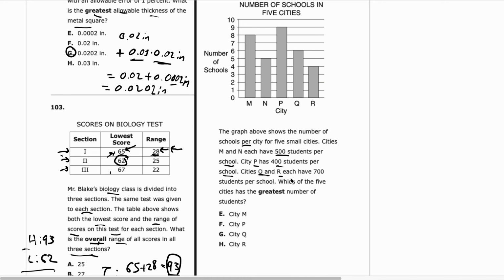Cities Q and R have 700 students per school. And we want to know which of the 5 cities has the greatest number of students. If we were asked which has the greatest number of schools, it would be City P, because City P has 9 schools. But we actually want the greatest number of students.